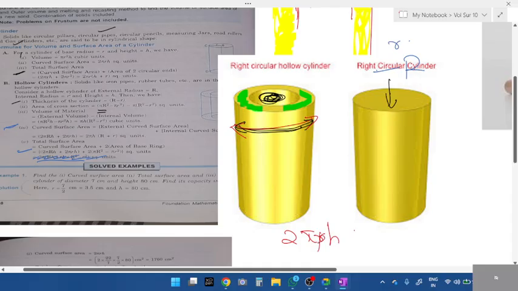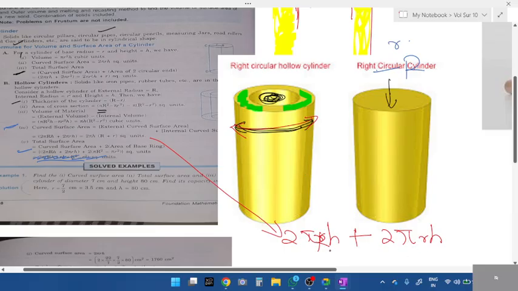This is for capital R, the outer circle. I told you even the inner one you can feel. So what is the formula for that? 2 pi r h. Did we get the formula? Understood? Okay, maybe I didn't explain that. Inside part also you can touch. So 2 pi r smaller h, students.